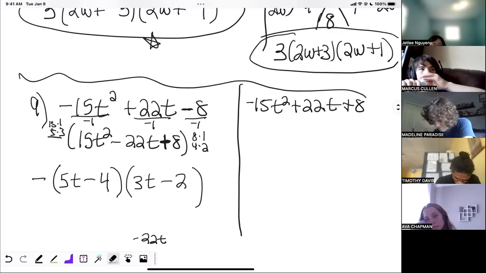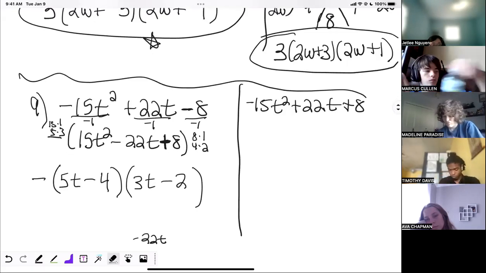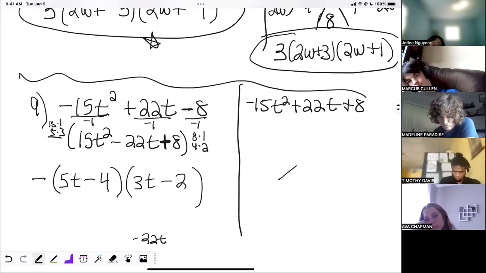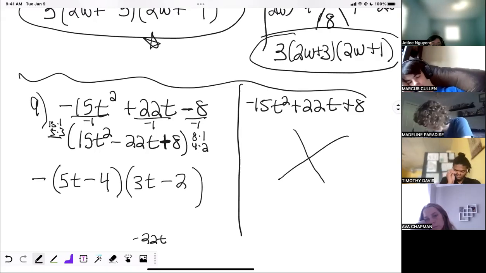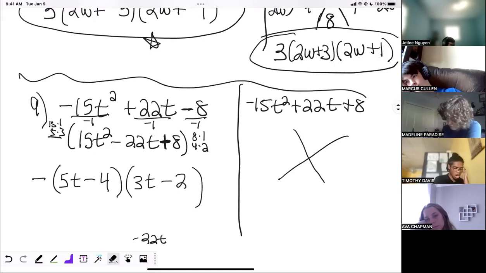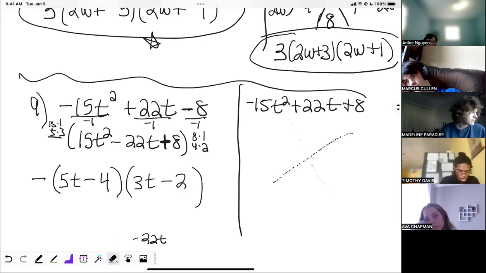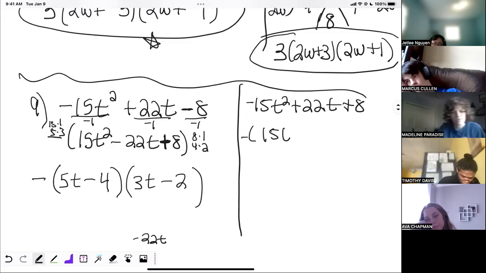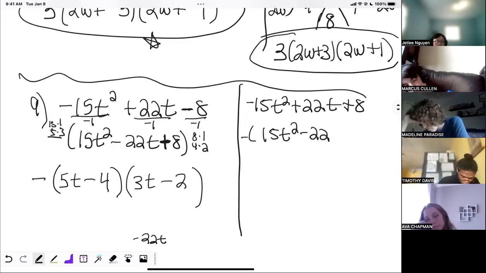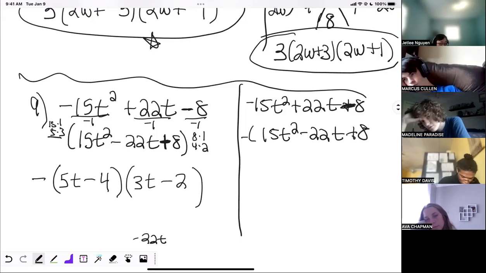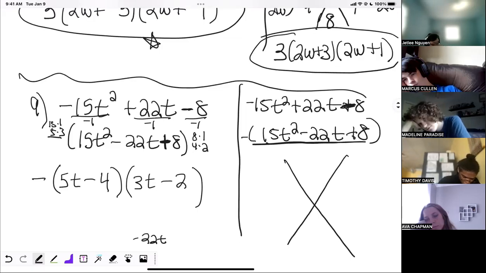All right, let's do it the X way. But first, oh, wait, first, I still have to factor it out. So negative 15t squared minus 22t, whole, let's just put it minus, that makes plus 8. All right, I'm just doing what's in parentheses.